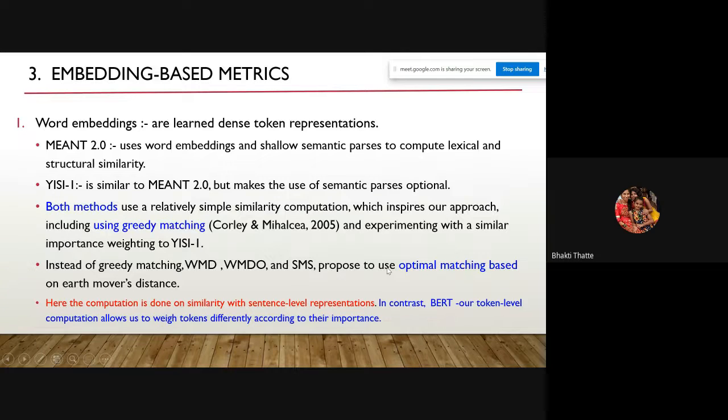Here the computation is done on similarity with sentence level representation. In contrast, BERT score's token level computation allows us to weigh tokens differently according to their importance. Meaning, here every word is tokenized and every word is compared in BERT. So that is the advantage of BERT score over the embedding based metrics.